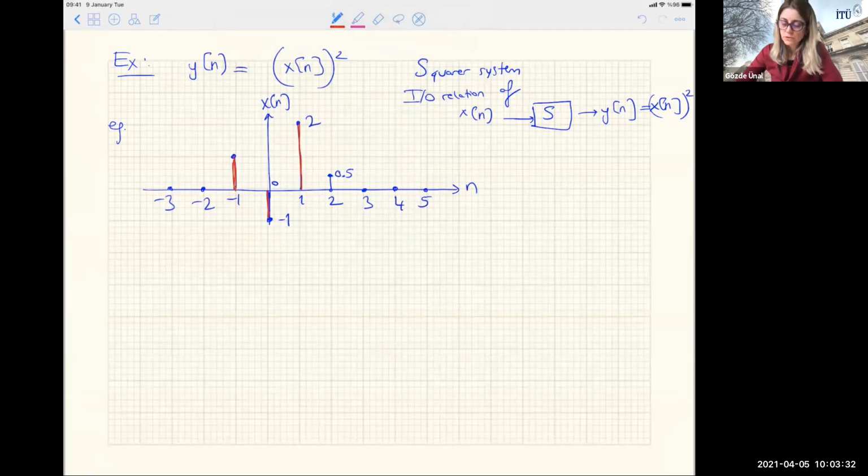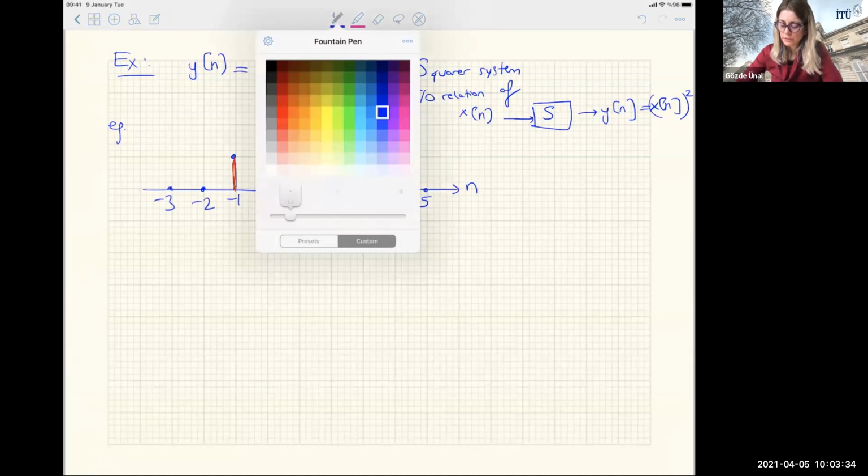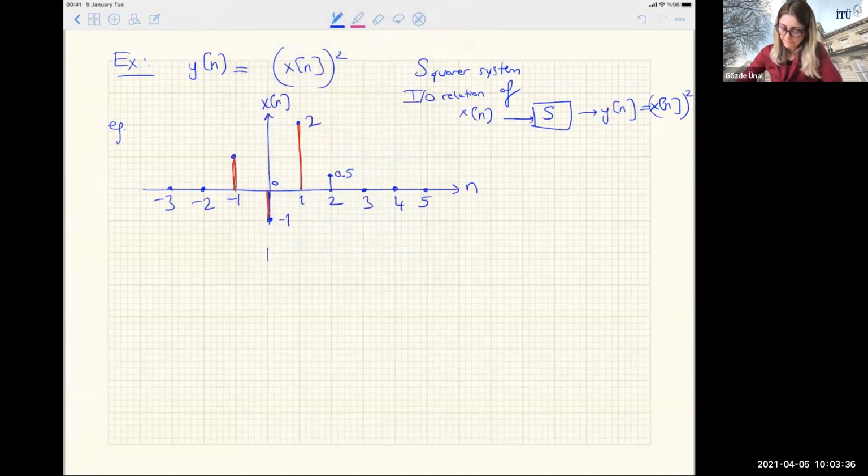Now the square system really produces the squared values here. Let me not draw it to scale because it's going to be really long anyway.